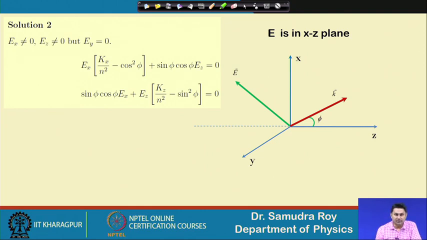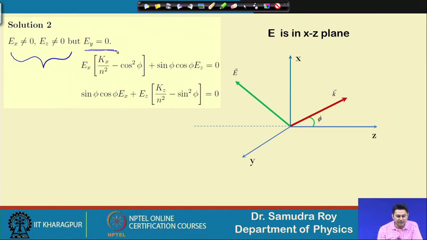This is the solution 2, and solution 2 is interesting because here I launch the k vector as usual in a direction which is making an angle phi with z axis, but here we are taking Ex and Ez not equal to 0, which in the previous case was 0. Here we consider this is not equal to 0, but Ey is 0.